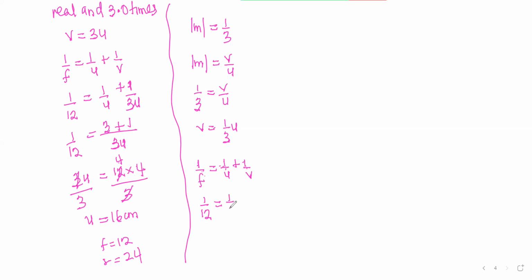So 1/U plus 1/(U/3). 1 over U/3 is the same as 3/U. In fact, if I have 1/2, the result is equal to 2. It's like the inverse of half, 2. So once we have the inverse of U/3, it will be equal to 3/U.